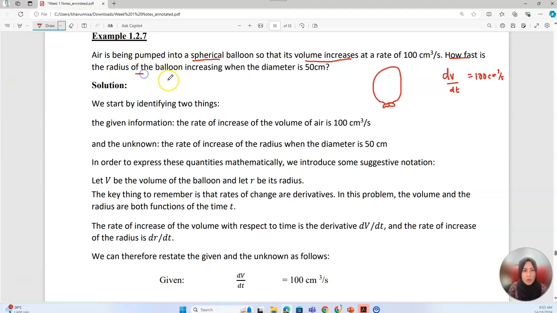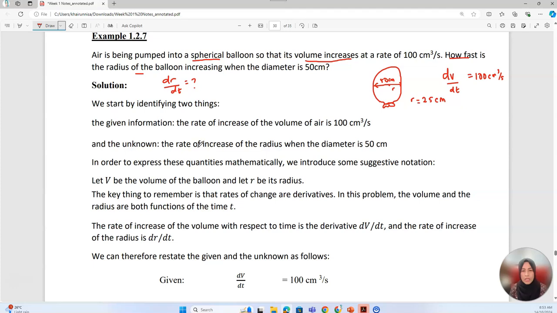So actually, they want to know dr/dt, how fast it is increasing when the diameter is 50 cm. So this is the diameter. Again, assume that the circle is a nice circle, it's spherical, and 50 cm. Here the diameter is from end to end of the circle, and the r here is actually 25 cm, because it is half of the diameter.